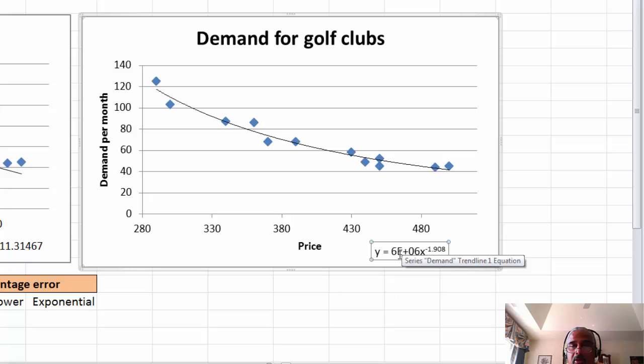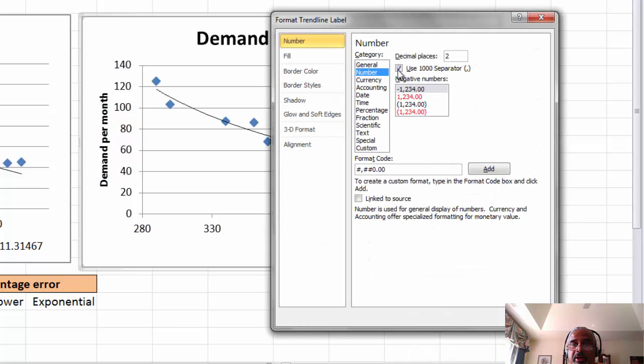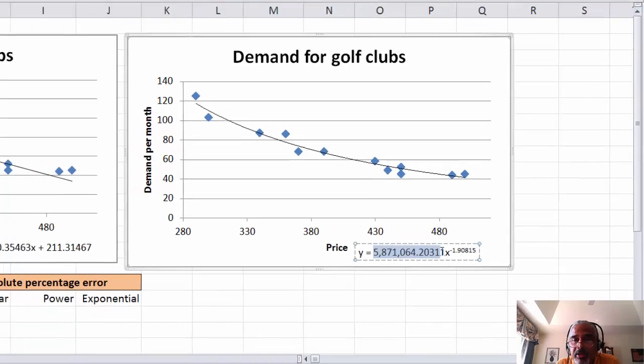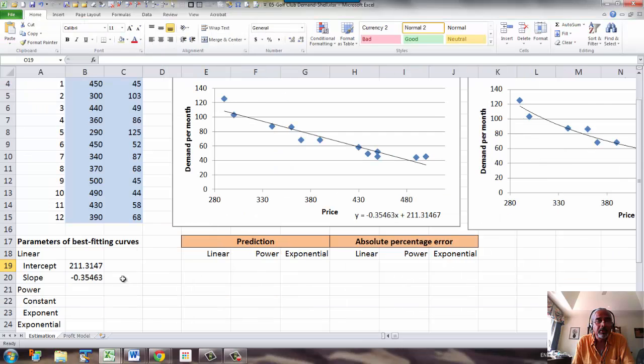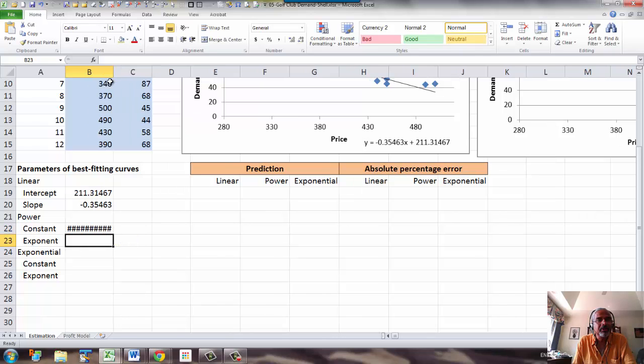Okay, so now let's go ahead and increase the number of decimal places to 5. So we have the intercept, or A coefficient. It's not an intercept, it's the A coefficient for power, the constant. This simply means I have to increase the column width.